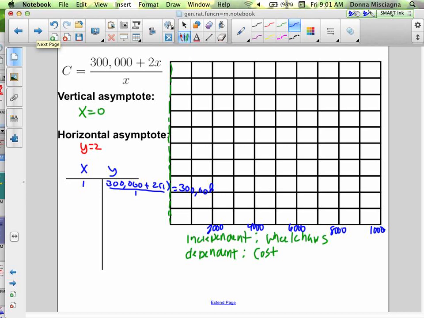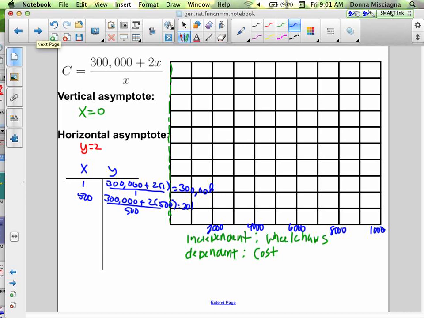So we'll make now 100. Or actually, let's make 500. I can graph that pretty easy. 500. So now we have 300,000 plus 2 times 500 divided by 500. All right, so this will be 1,000 here, so it would be 301,000 divided by 500.